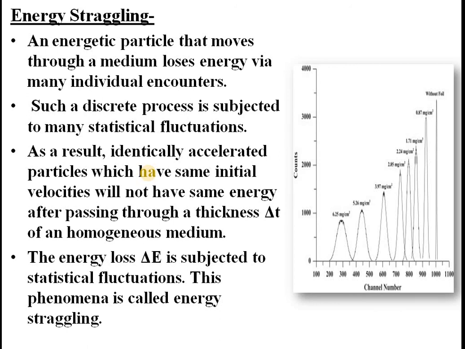The same kind of situation is referred to here. That is what is called statistical fluctuation. This phenomenon is called energy straggling. The spectral width for different types of particles is different, due to energy straggling, and that is pictured in the figure.